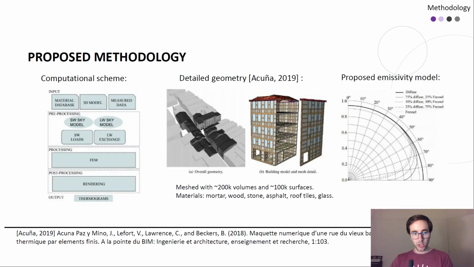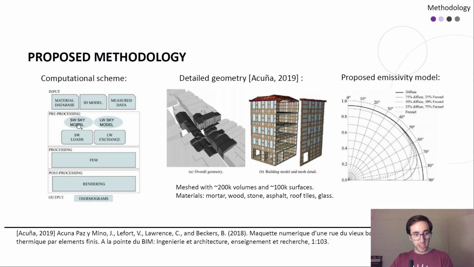So the proposed methodology here is having an input that is basically the material database, the material description of the scene, and a 3D model, which is a very detailed 3D model of the scene, as you can see here, which is also useful for doing, first, of course, thermal calculations, thermal exchanges, to then get the temperatures and then do the infrared rendering.